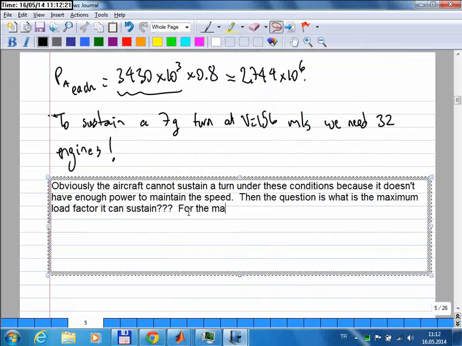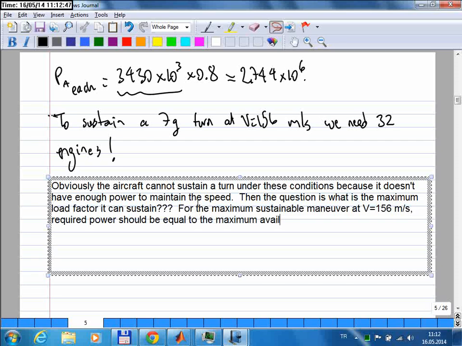So for the maximum sustainable load factor at that speed, 156 meters per second, the required power should be equal to the available power, right? Maximum available power.